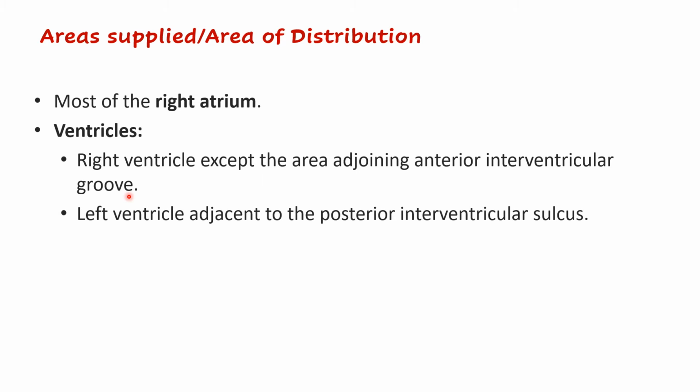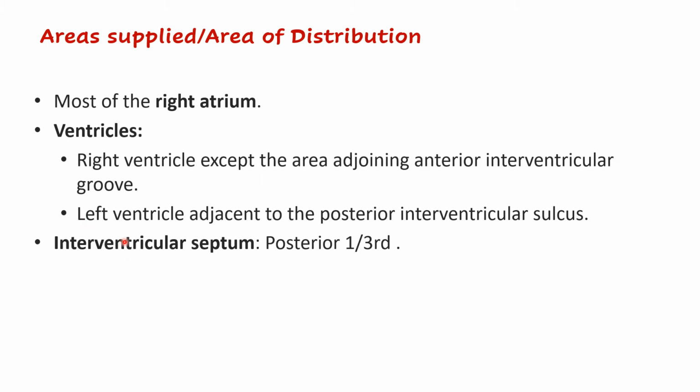So that is going to supply. So whole of right ventricle except the area adjoining the anterior interventricular groove. Then it also supplies the left ventricle, where that is adjacent to the posterior interventricular sulcus. So near that it will also supply the left ventricle.